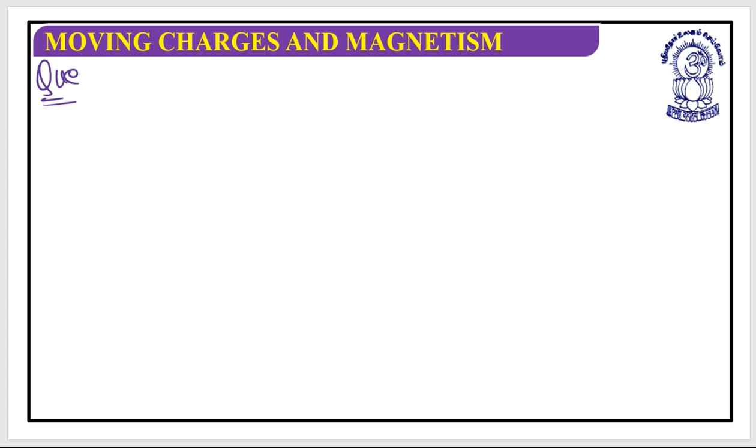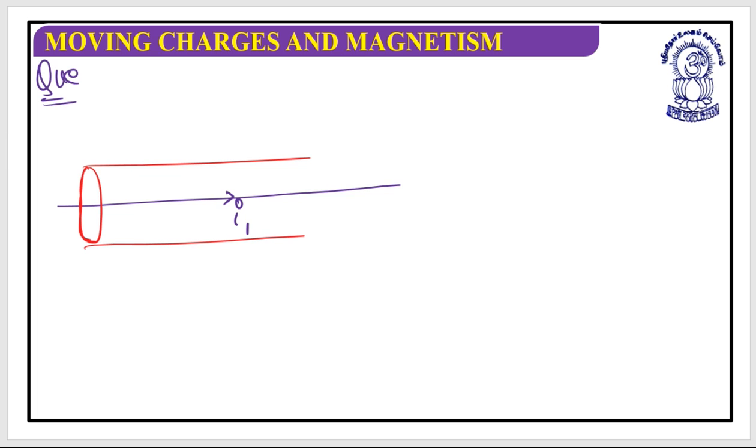So in this situation, let's suppose it's a straight wire. A current I1 is flowing through it, and let's assume this is a cylindrical section of another wire. A current I2 is flowing through it.